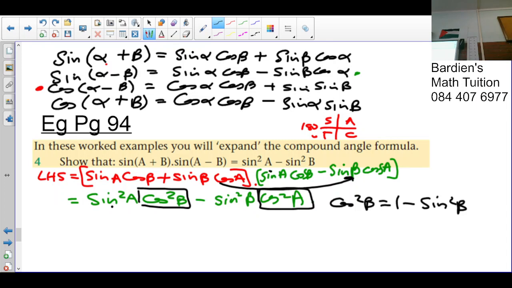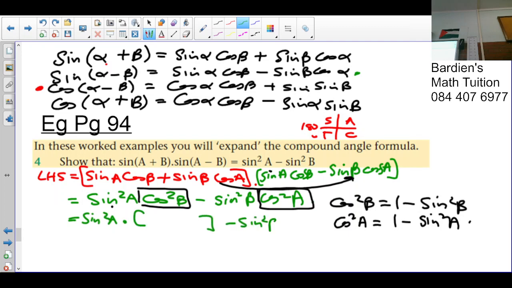Right? Likewise, cos squared a is equal to what? 1 minus sin squared a. Not so? So I'm going to replace that. So there's going to be sin squared a times, minus sin squared b times.